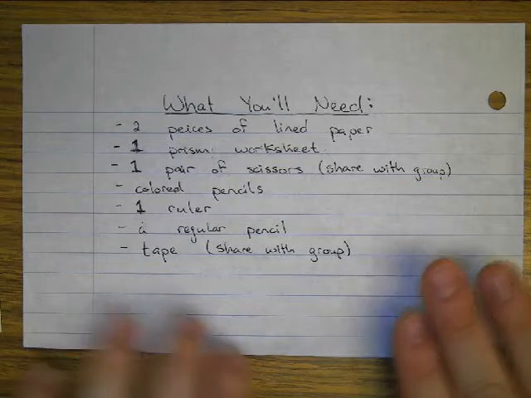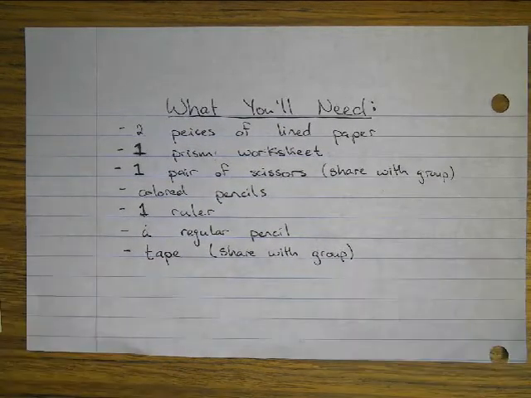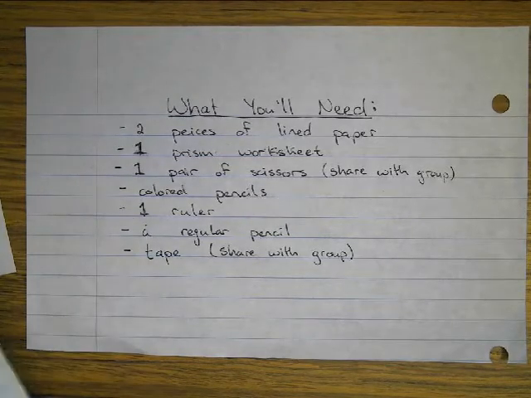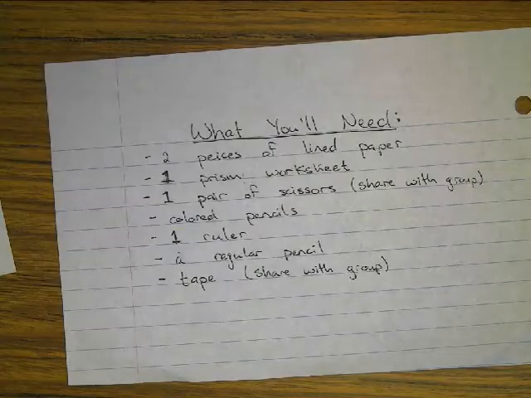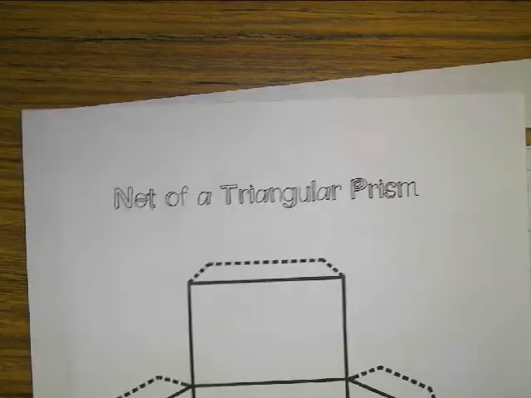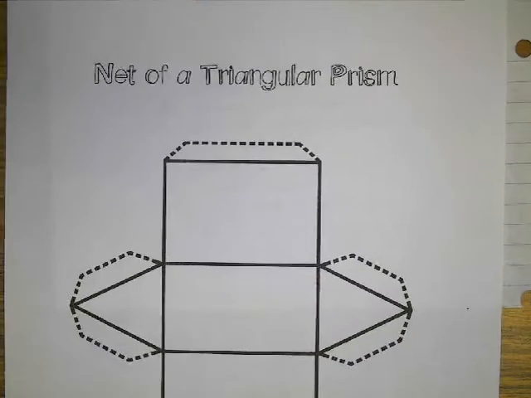And right now, what I need you to do is get these materials so that we can do this. You'll need 2 pieces of line paper. 1, 2. You'll need 1 prism worksheet. You want to get the net triangular prism worksheet. That's one we'll be looking at together.